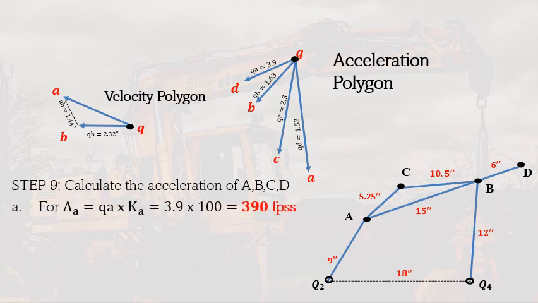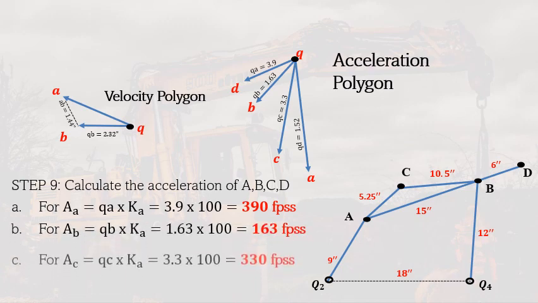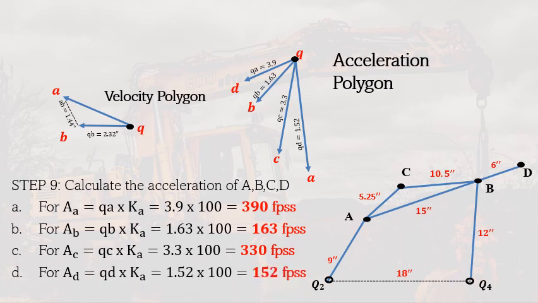We multiply these inches by 100 feet per second per second. So the acceleration of A, B, D, and C will be obtained. As you can see among the points, acceleration of A is the largest, followed by the acceleration of C, then the acceleration of B, and then the acceleration of D.